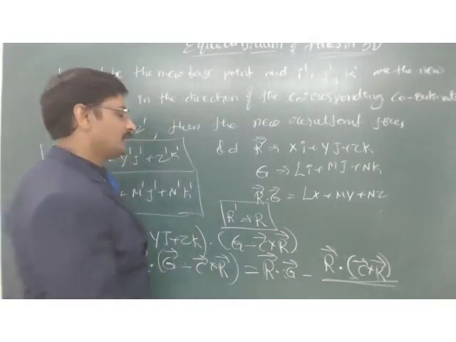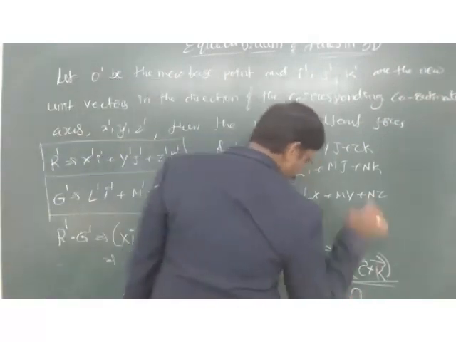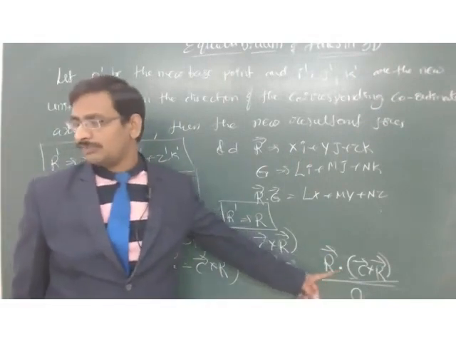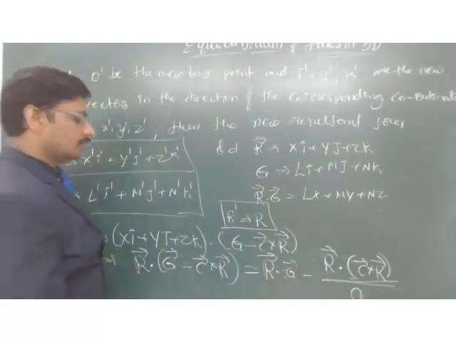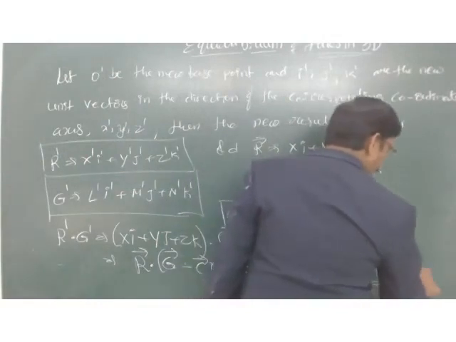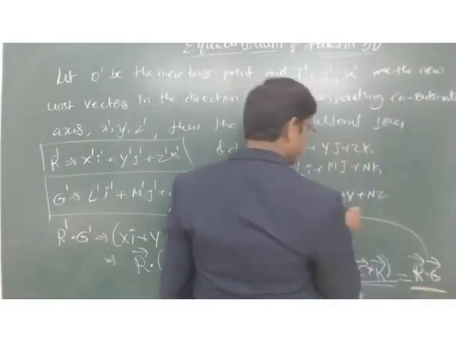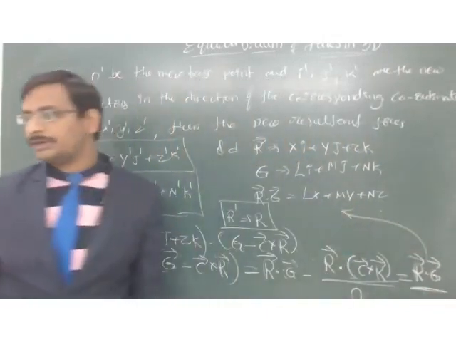Okay, let me explain. For now you note down this as 0. I'm going to erase it and then explain why it is 0. Some people gave the correct answer. So this is equivalent to R dot G, which is nothing but Lx plus My plus Nz again. Got it?